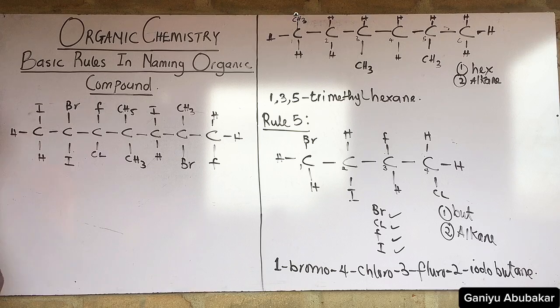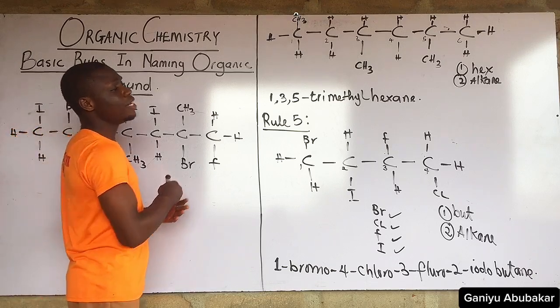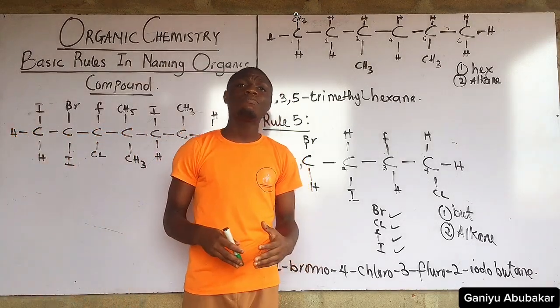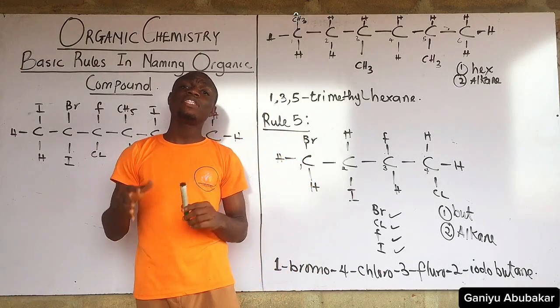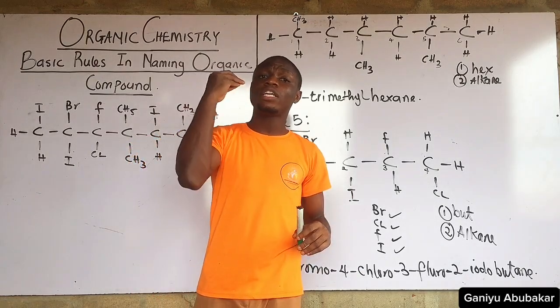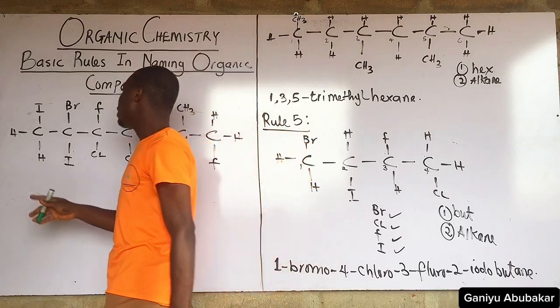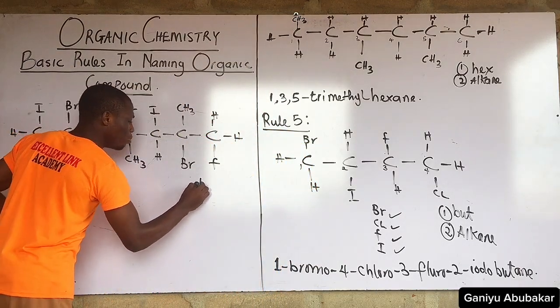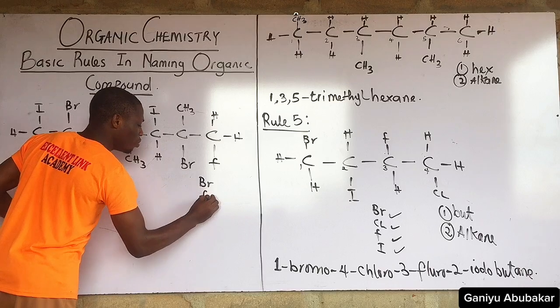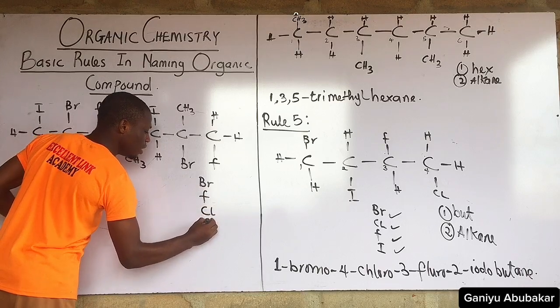When naming an organic compound that contains both organic and inorganic substituents, we said the priority is to start with what? The inorganic substituent. For the inorganic substituents here, I have bromine, fluorine, chlorine, iodine.